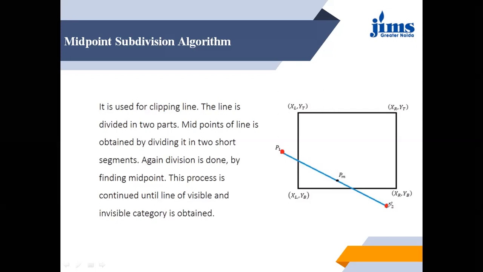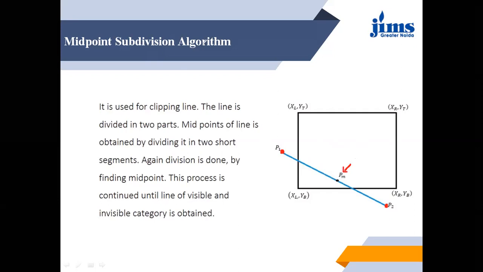If it is partially visible, in that case we divide this line in the middle, and it's easy to find the midpoint of this line, that is x1 plus x2 divided by 2 and y1 plus y2 divided by 2. So this is the midpoint.